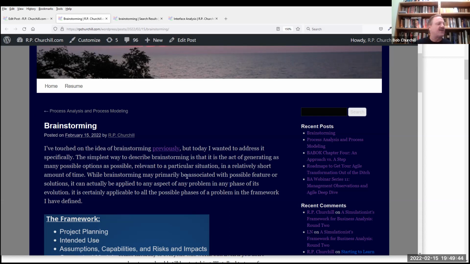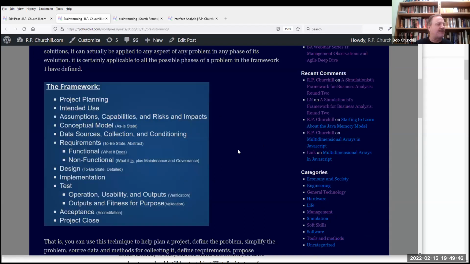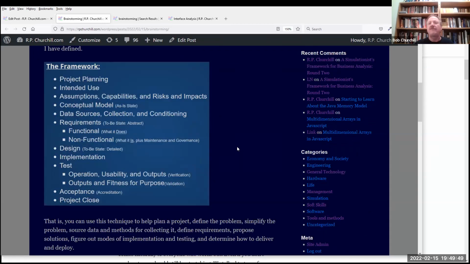So identify the steps if you're going to do something that you work through from beginning to end. You can use brainstorming in any one of those phases.